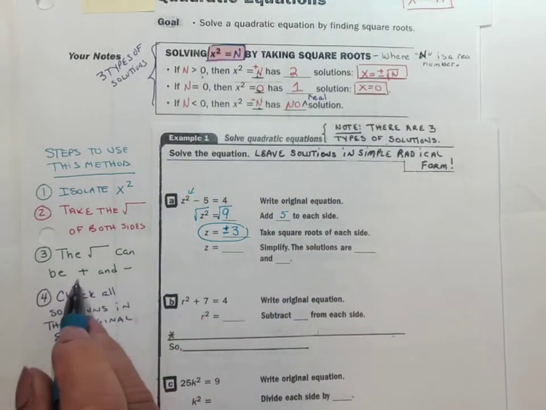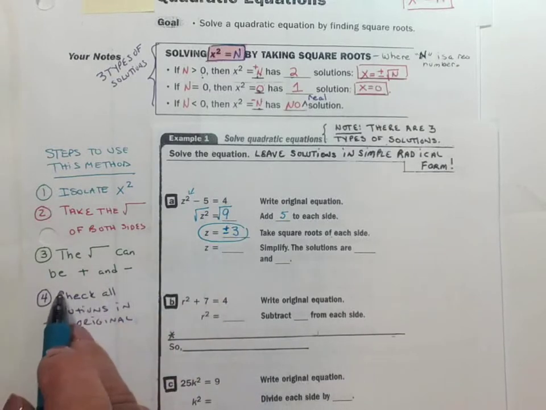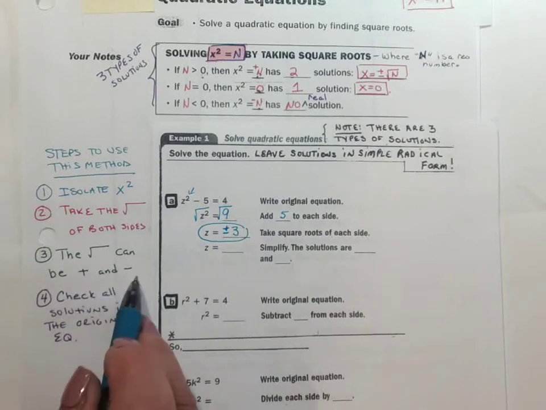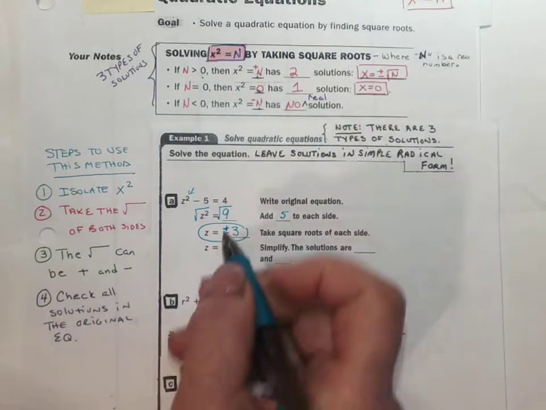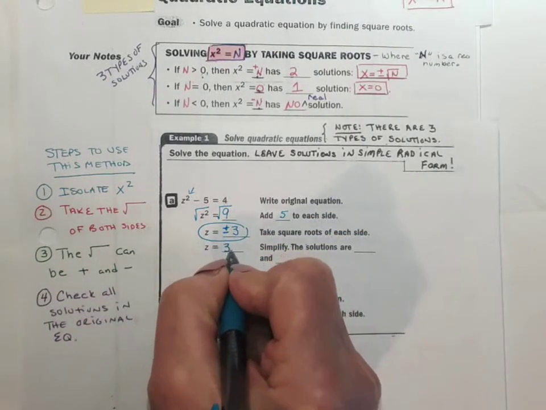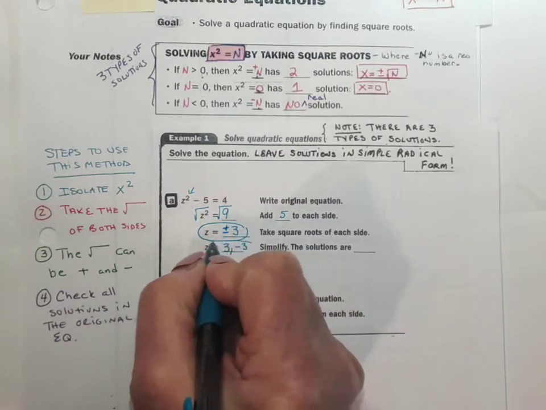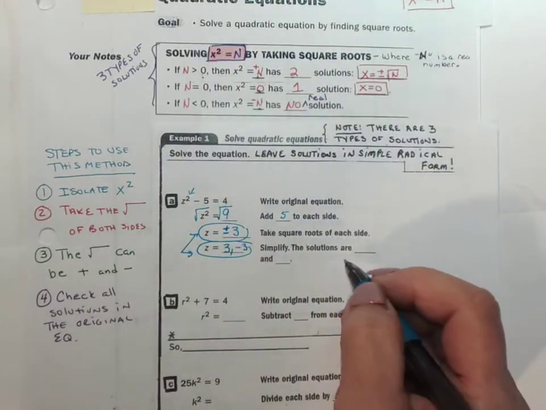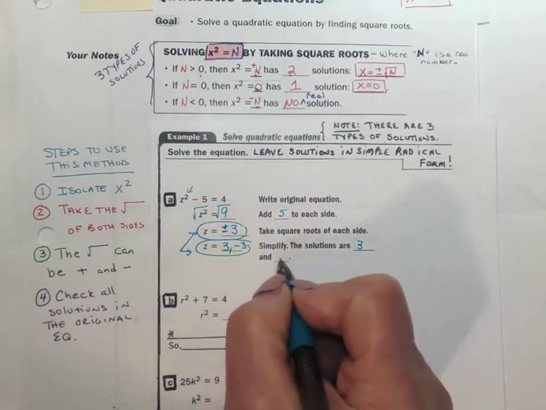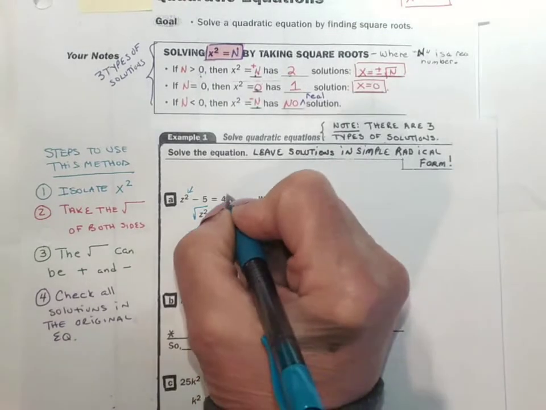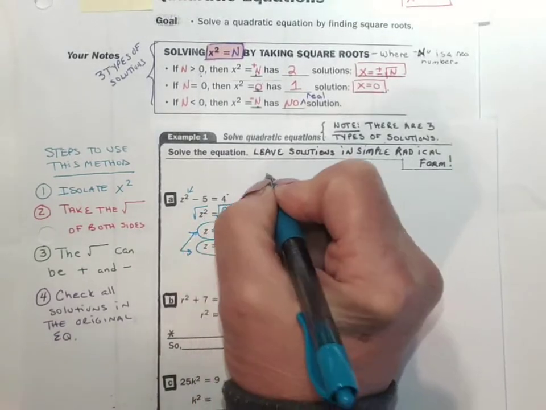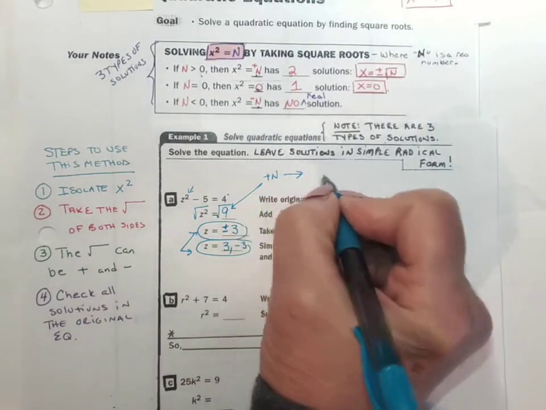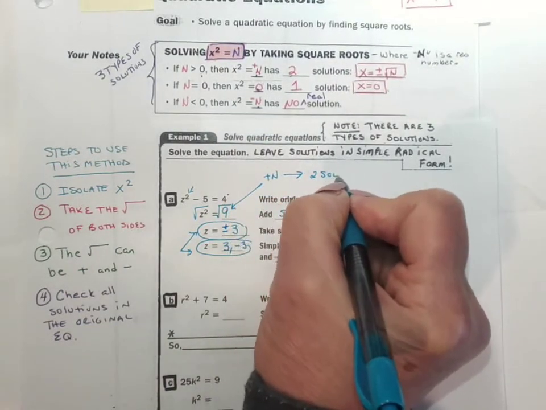When you take the square root of a positive number, your answers are going to be plus and minus. So z is equal to 3 and negative 3. These are both correct answers. So the solutions are 3 and negative 3. That was a positive number, so that's why we have two solutions.